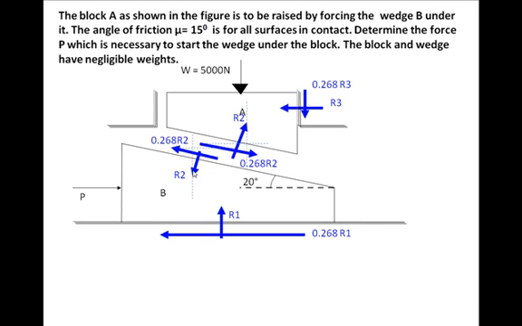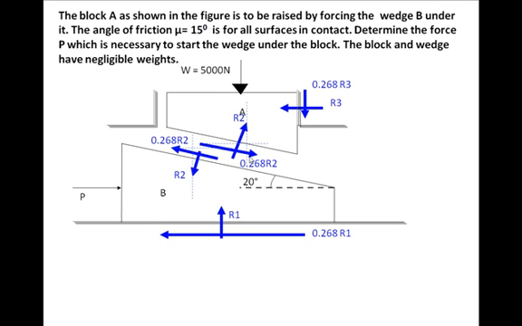The direction of R2 will be perpendicular to this plane which is inclined at 20 degrees. When we come to body A, these friction and reaction directions are reversed. This R3 is perpendicular to the vertical surface, and the block A is trying to move up under this P, and therefore friction is down here.